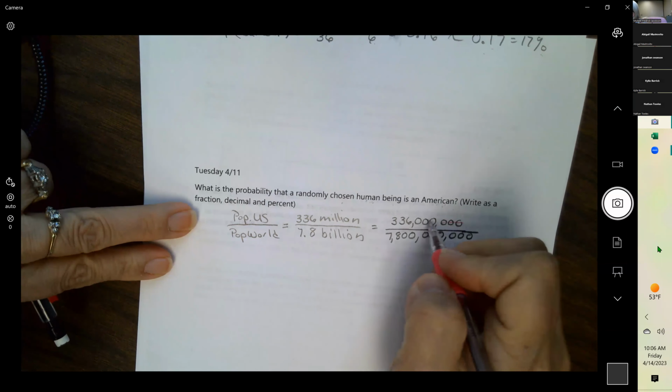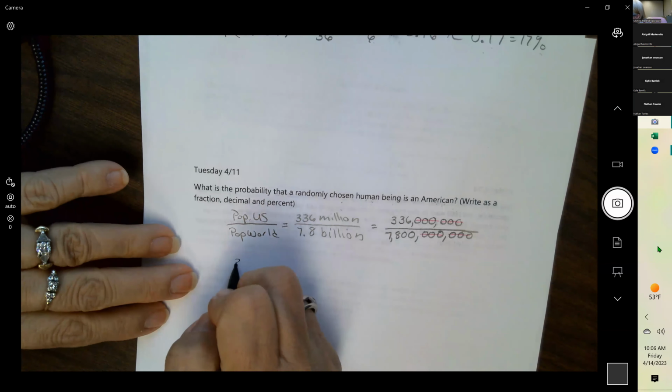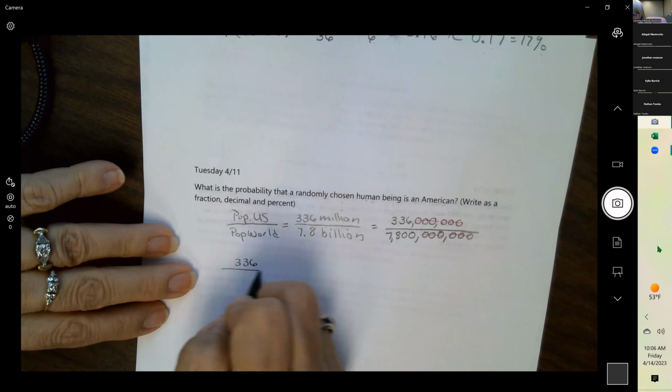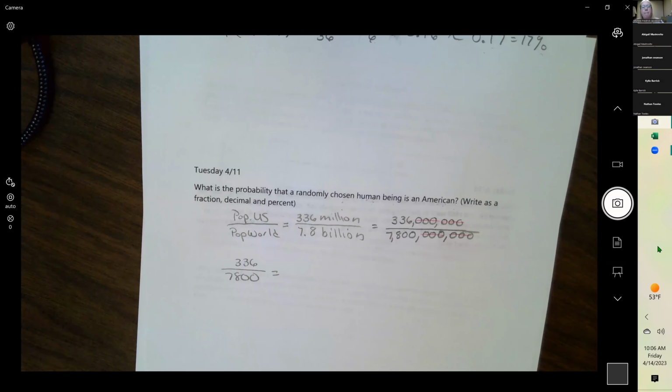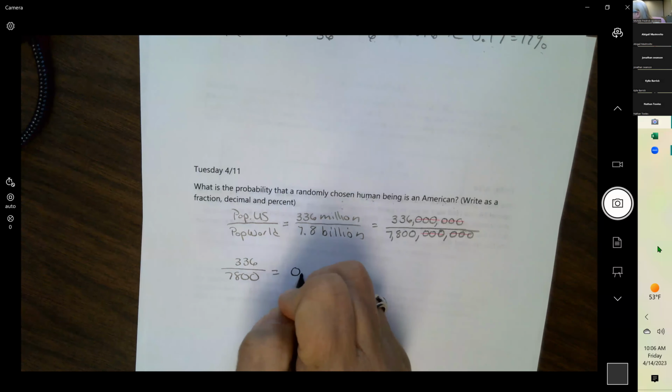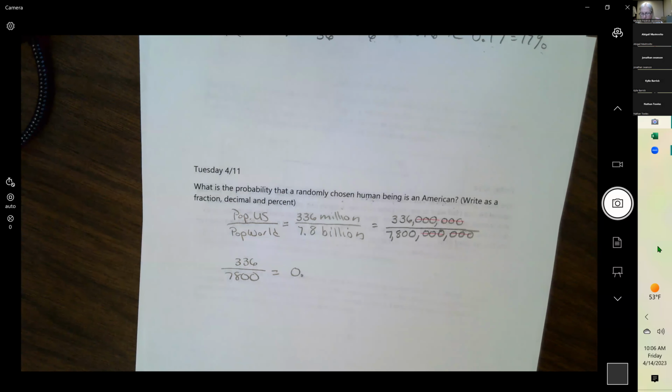Any questions? So that would be your fraction, or it can be reduced if we can cancel these zeros. And then divide them to get your decimal. Okay. Oh, I didn't put any answer.